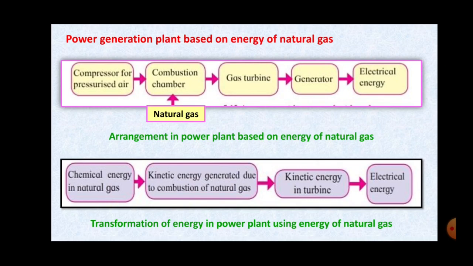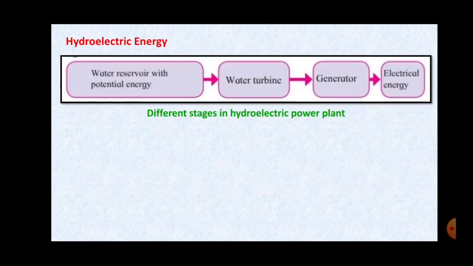Now we had studied till these three power plants. Now the next power plant we are going to start is the hydroelectric power plant. In this power plant, the potential energy of the water reservoir is used. You might have seen the dams.